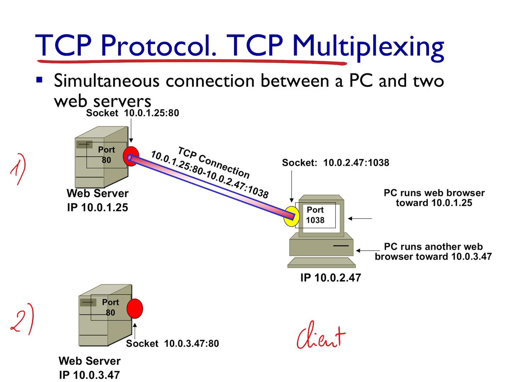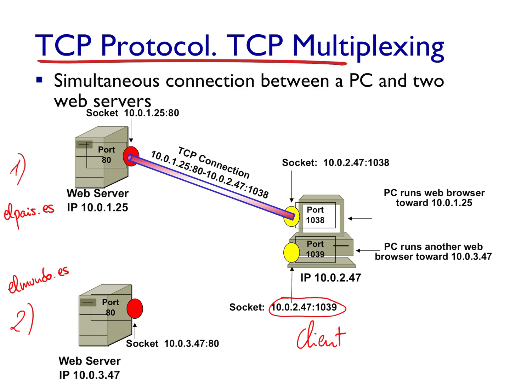For example, imagine that for server number 1, we are going to access elpais.es, and for server number 2, we're going to access elmundo.es, different web servers. So I open another web browser and type elmundo.es, and I will have a different port, different sockets.